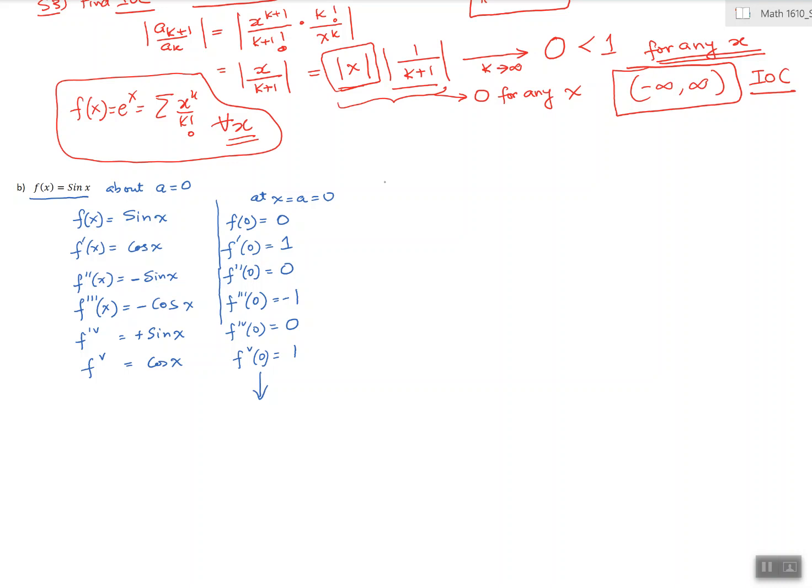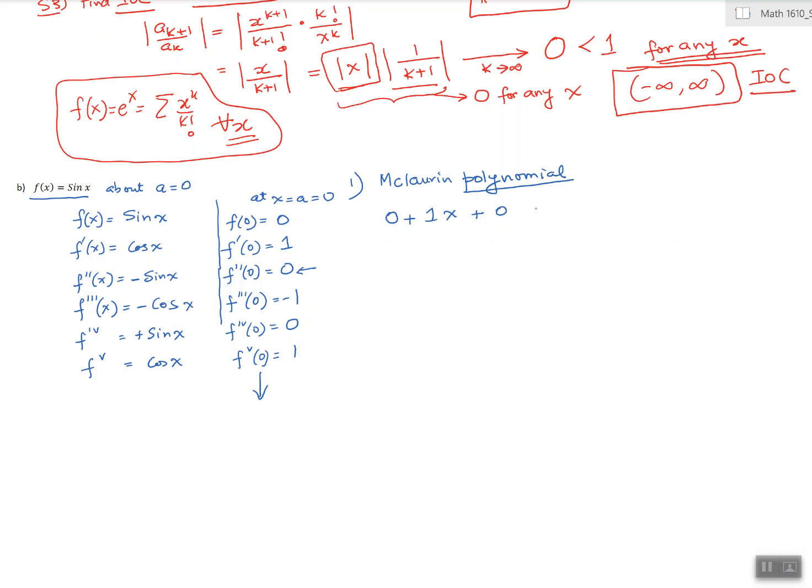So now we have to set up the Maclaurin series. Step 1 is the Maclaurin polynomial. So let's first write it as a polynomial. I'm going to get f of 0, which is 0, plus f prime at 0, which is 1, times x. So that is the x. Then plus f double prime at 0, so that is 0.